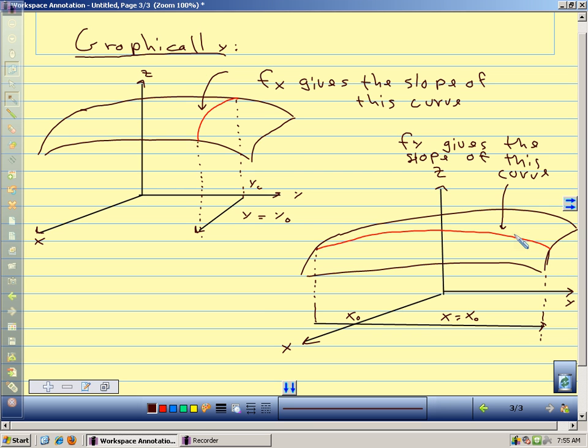So before we do any calculation, given the idea of what the partial derivatives are and what they give us, I want to look at a couple of examples for visualizing the partial derivatives. So in your book, on page 912, look at numbers 1 through 3.